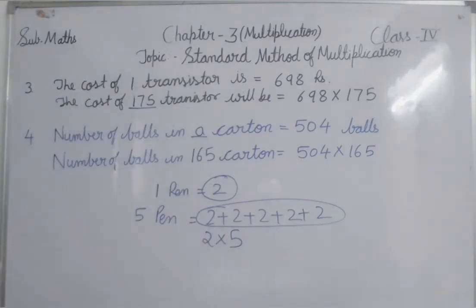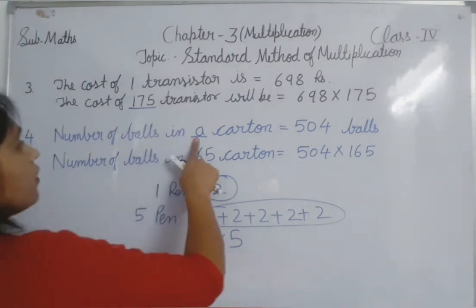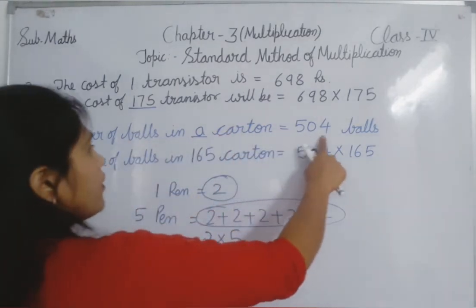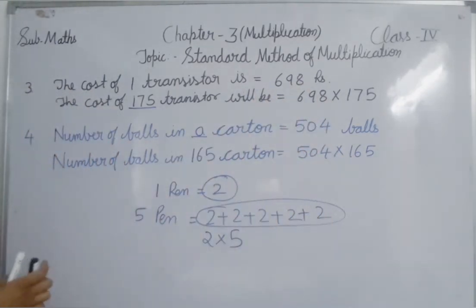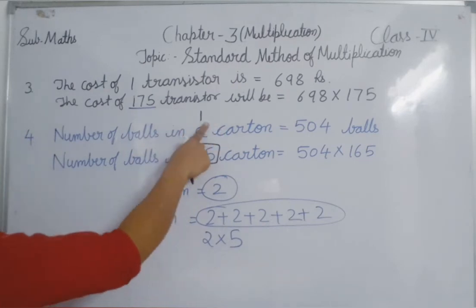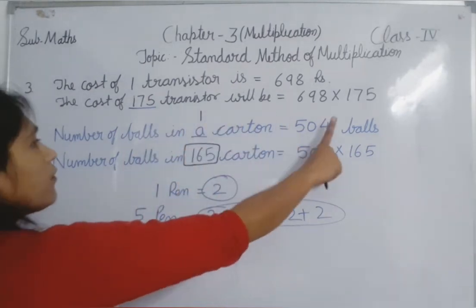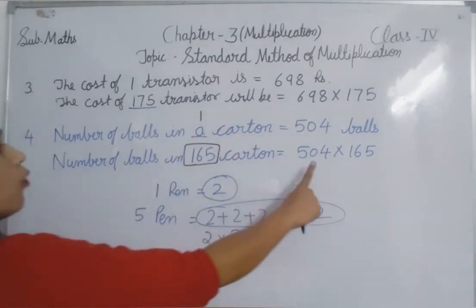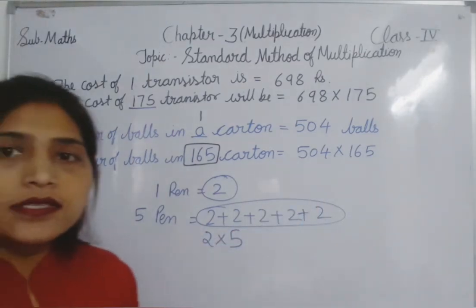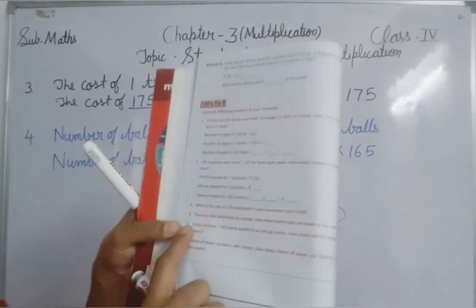Now they are saying there are 504 tennis balls in a carton, meaning in one carton they have 504 balls, and they are asking for the balls in 163 cartons. They have given us for one and they are asking for more, so we have to do multiplication. In the same way you have to solve these ones also.